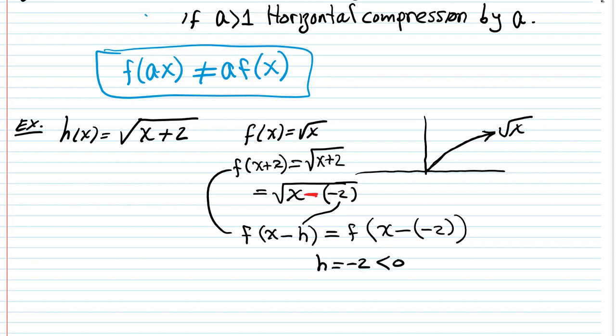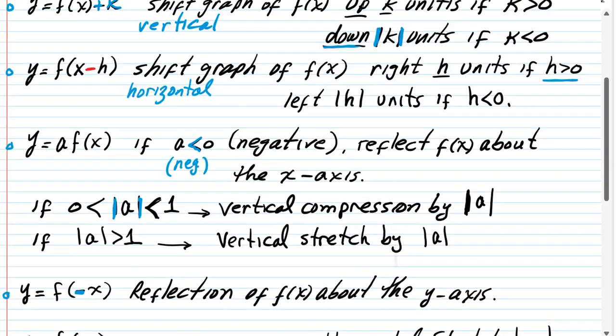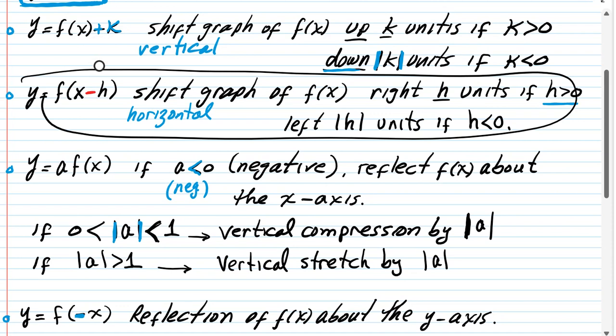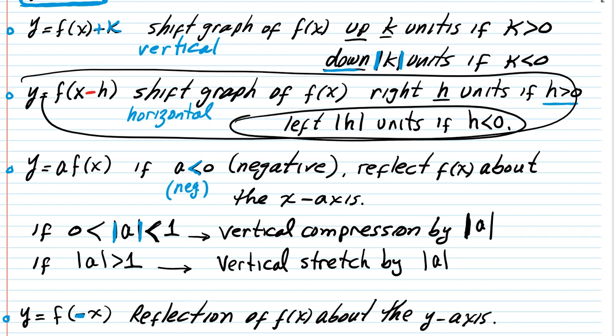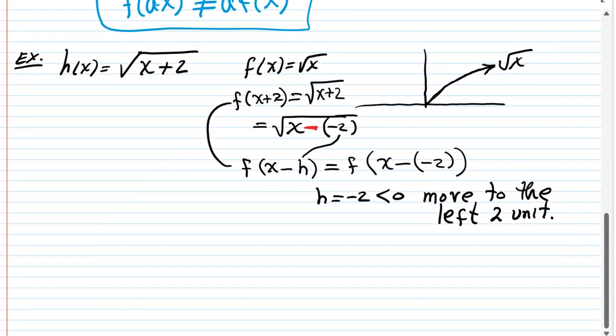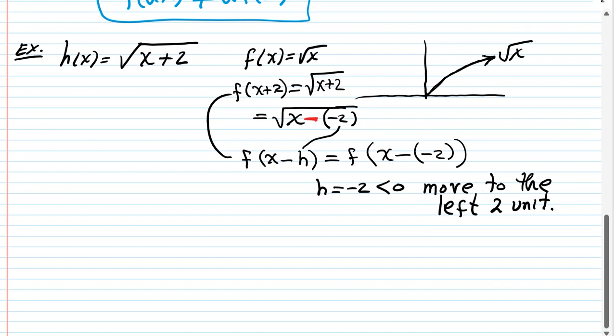Therefore, this is going to move to the left 2 units, or it's going to have a horizontal shift of 2 units to the left. And you can match it against this case right in here. Okay, so for f at x minus h, if h is less than 0, then you have absolute value of h units to the left. All right, so I can actually now graph this function rather easily and quickly.